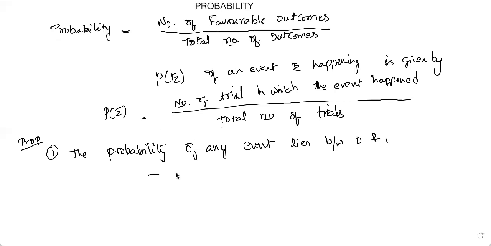If I draw a line from 0 to 1, then P of A is less than or equal to 1.